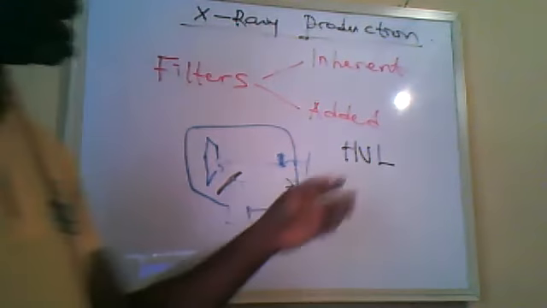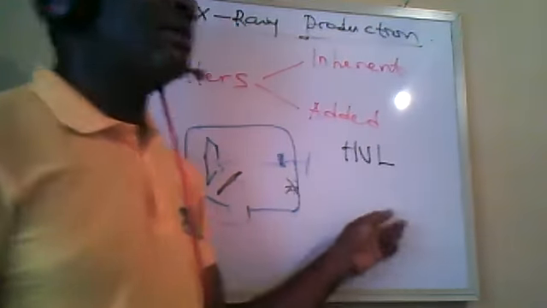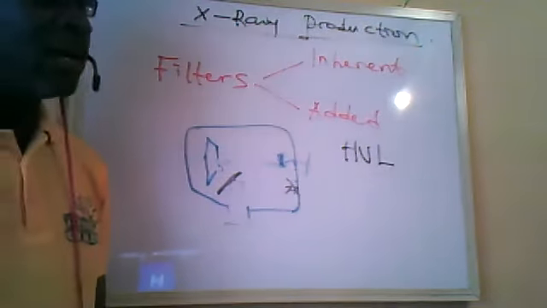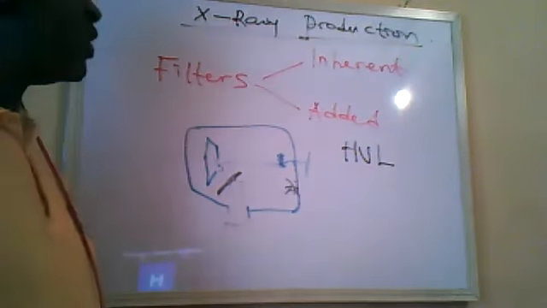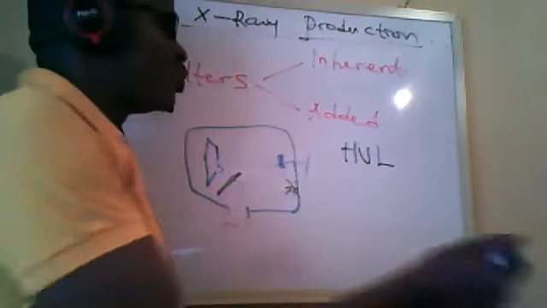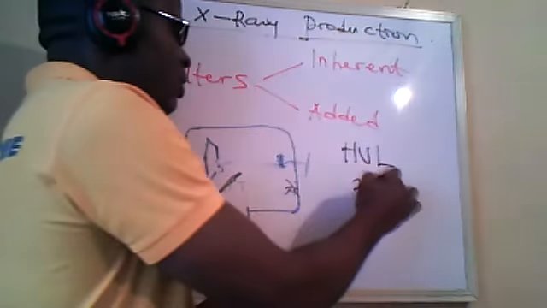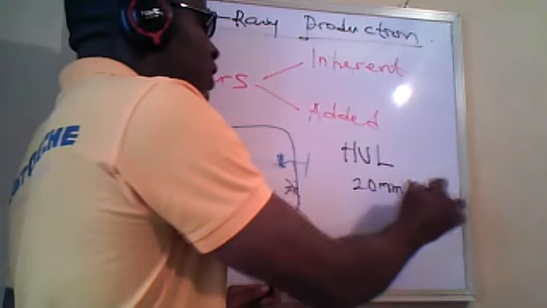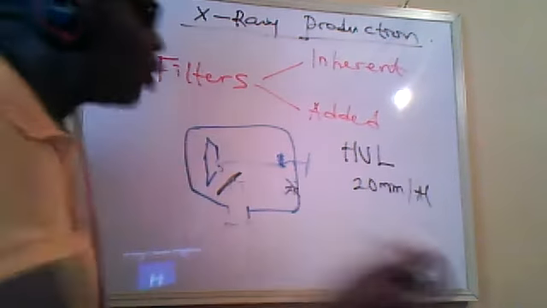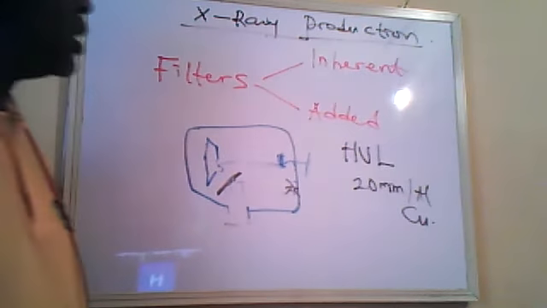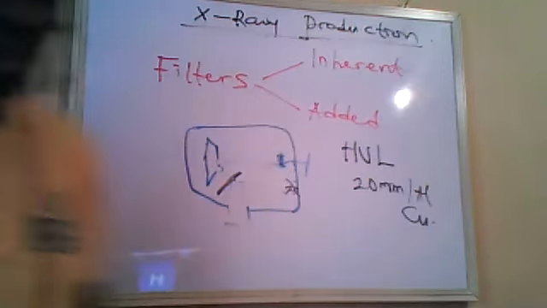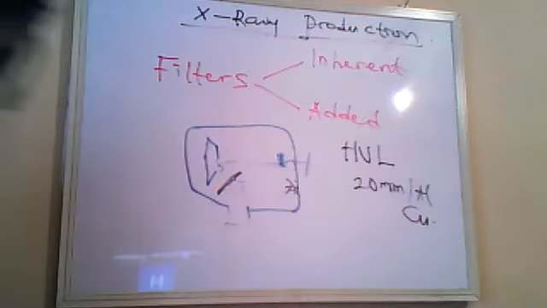For example, if you are exposing at 70 kVp, you have a particular amount of filtering, a particular HVL value, maybe 20 millimeters of aluminium, usually given in millimeters of aluminium or copper. So these are just the little we need to know about filtration.